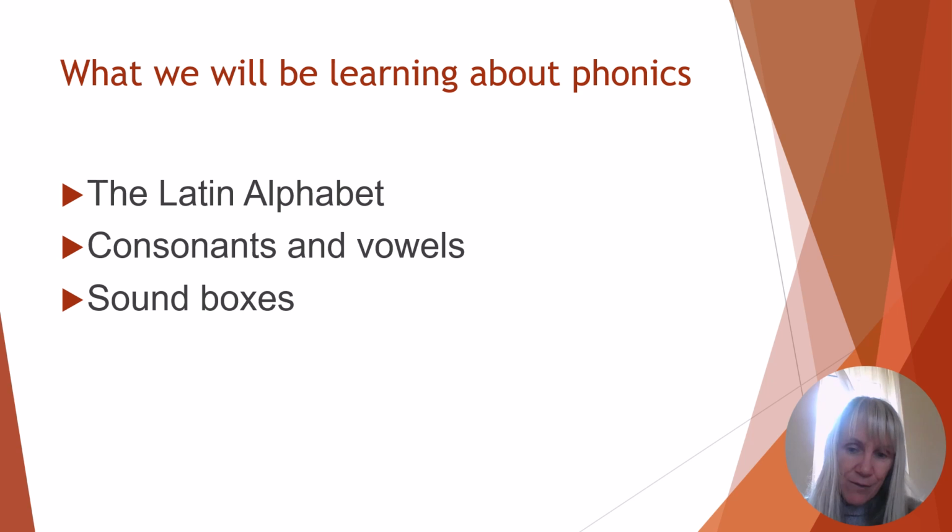We may be seeing 4 consonants, 2 at the beginning, 2 at the end, and we may be seeing a vowel in the middle. That doesn't mean that there are 5 sounds to that word. The 2 consonants in the beginning may be something called a digraph, so they make 1 sound, and the consonants at the end may have a silent consonant within them. So that's getting kind of complicated, I know.